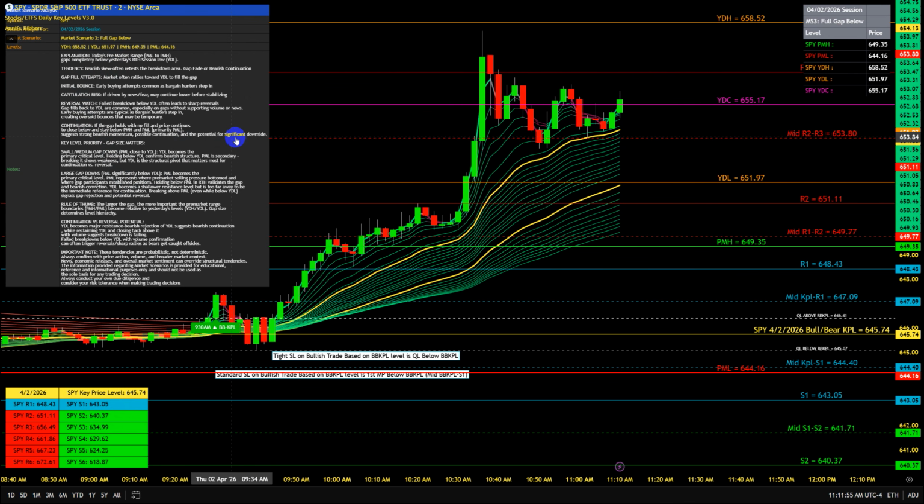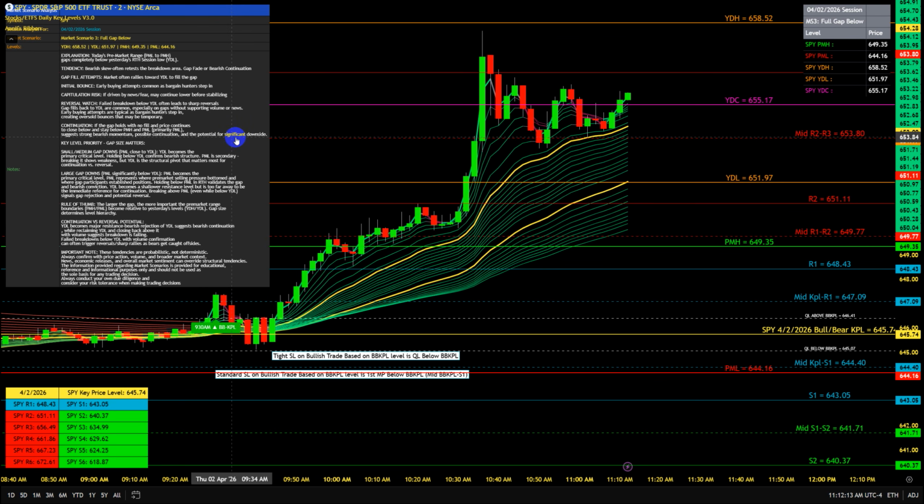Things that are typical in this type of market scenario. There are only 6 different market scenarios the SPY can open in every day, and that's based on the relationship between the YDH level, the YDL level, the PMH level, and the PML level. So based on the relationship of those 4 levels each trading day, there are only 6 different market scenarios that SPY or any other symbol can open up in.